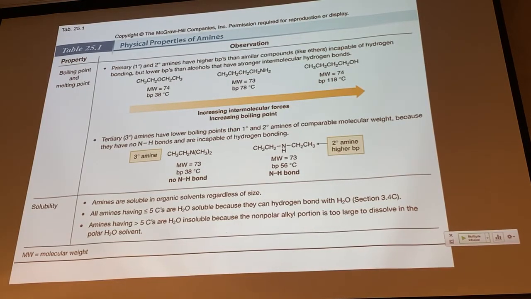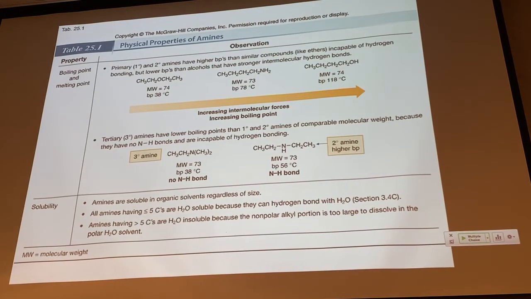A 40-degree difference in boiling point between these two compounds, solely attributable to the stronger hydrogen bonds between alcohols when compared to amines, requiring more energy to break apart those hydrogen bonds to convert the alcohol from the liquid phase to the gas phase.